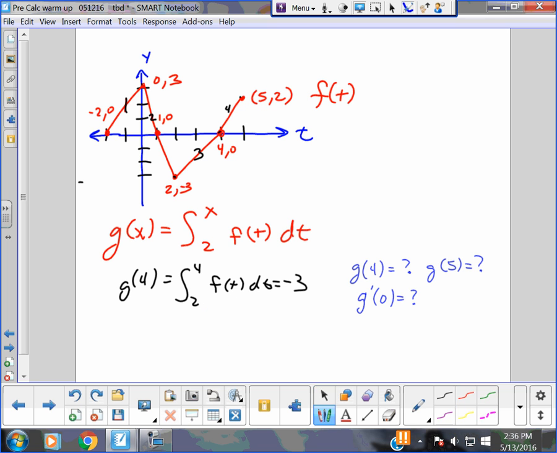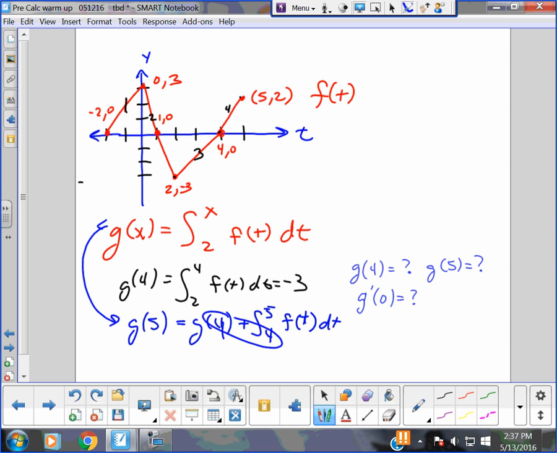Now, to find g of 5, we're not going to reinvent the wheel. I'm going to do g of 4 plus the integral from 4 to 5 f of t dt. And we should recognize this as being the same, or modifying the red one with the appropriate thing here, right? And the 4's match.